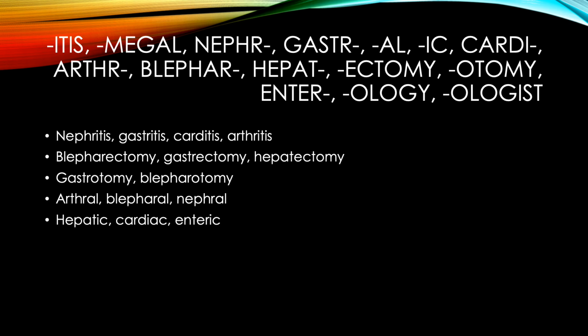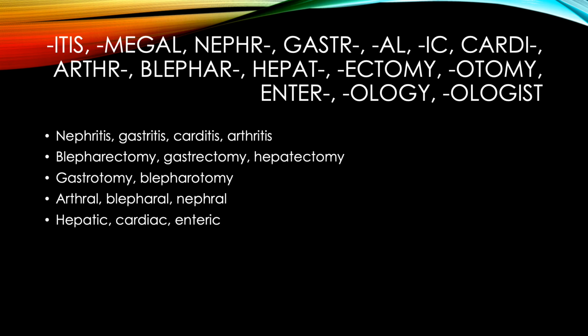And then I've given you some terms as well for pertaining to with -als and -ics. For the -als, I've given you arthral, blepharal, and nephral. Arthral, for joint, so we have pertaining to the joint. Blepharal, again for eyelid, means pertaining to the eyelid, and nephral, for kidney, is pertaining to the kidney.